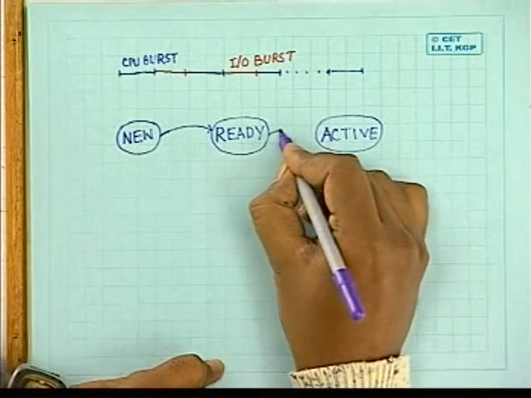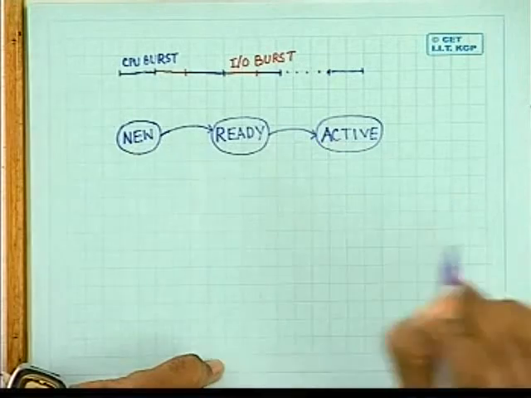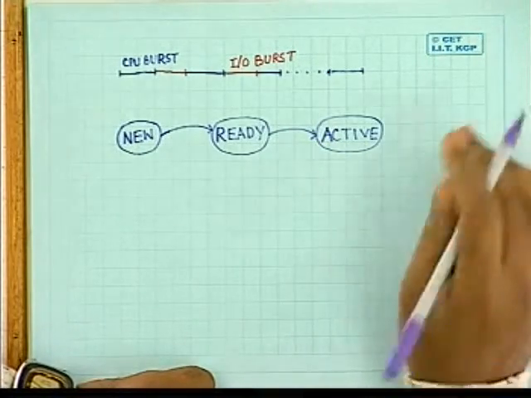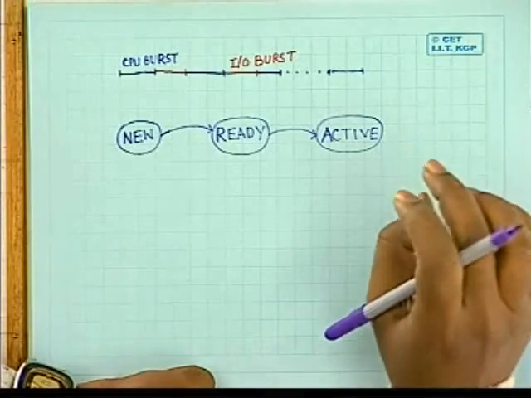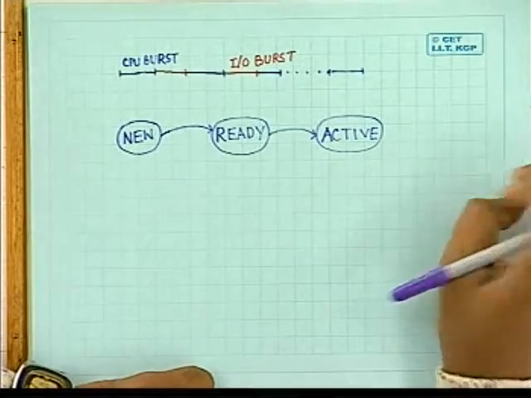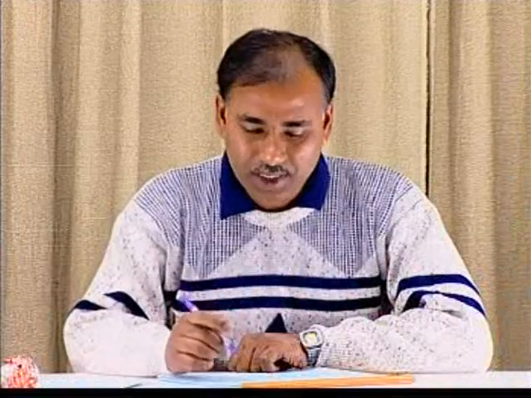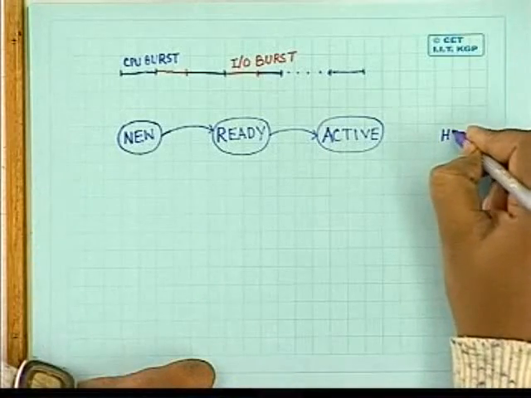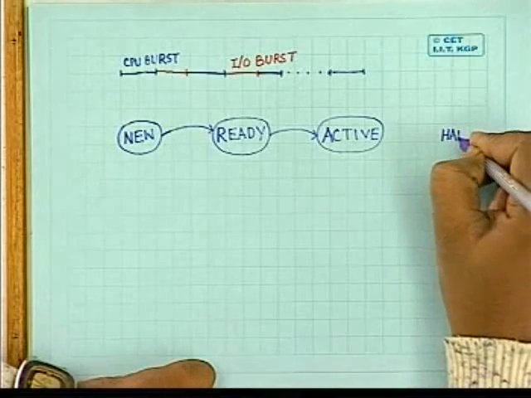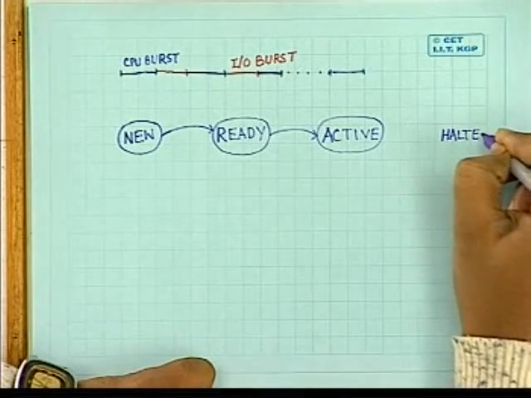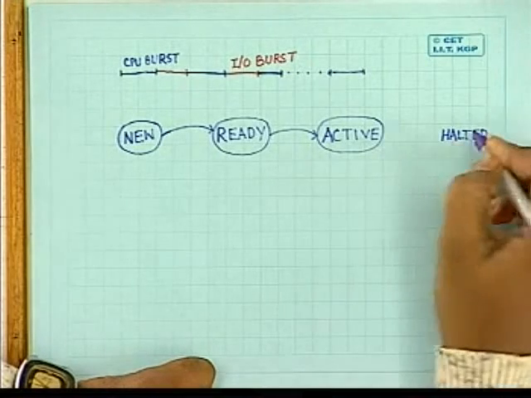from ready. And finally, when the job is complete, that is, all the CPU bursts of the job are complete, and even the last CPU burst for terminating the job is complete, then the job comes out of the system, and the corresponding state we call the halted state. Or you can also call it finished state.